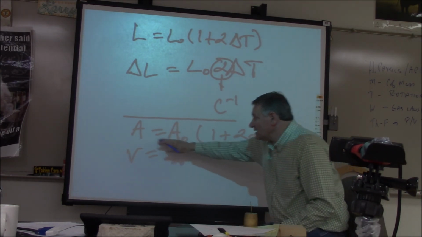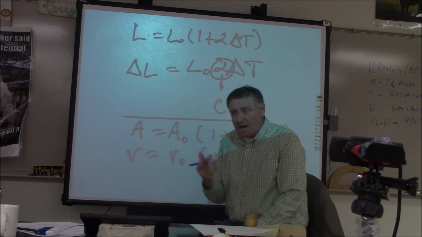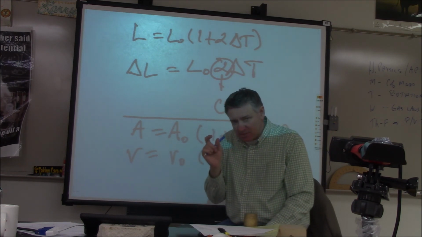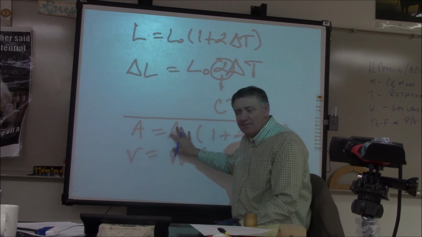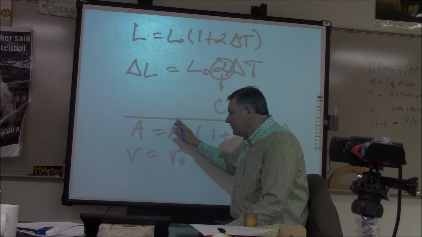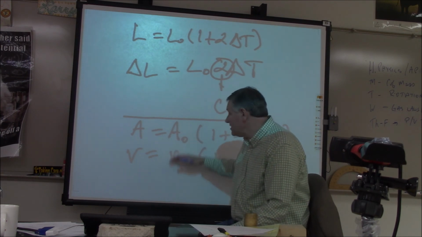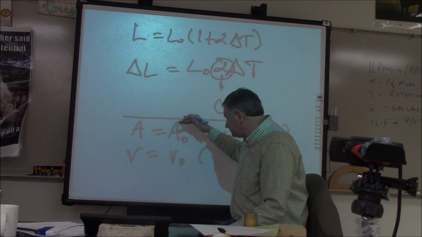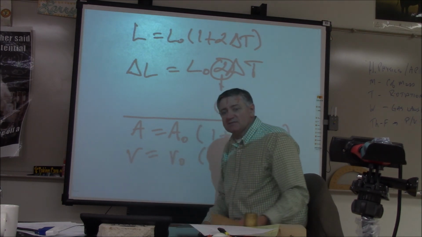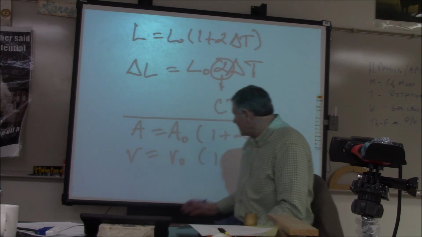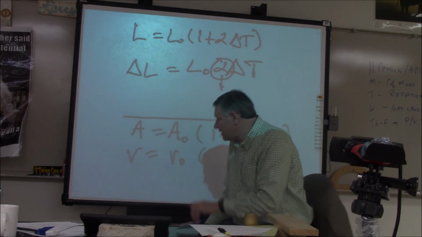Now again, it doesn't make any difference what units these are in. For one of your problems, I've given you dimensions of a square in centimeters. If you just want to leave this in square centimeters, that's cool. If you want to change it into square meters, that's cool. It doesn't make any difference, mainly because this is going to be the same thing as this, since this has no units over here. But here's what you have to be careful of.